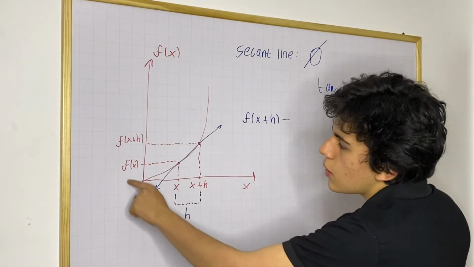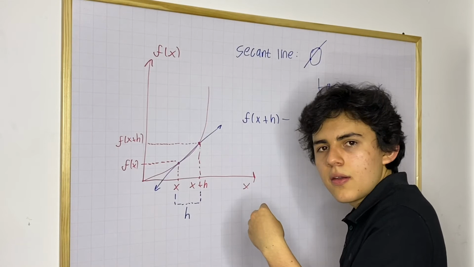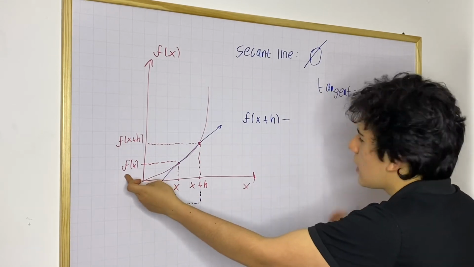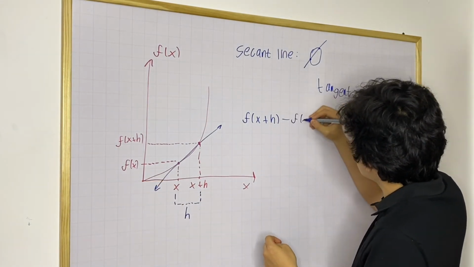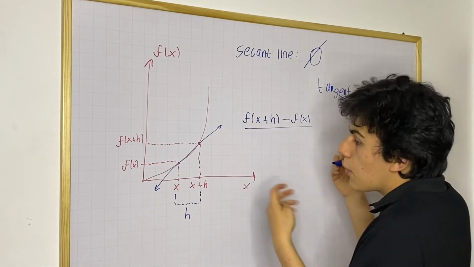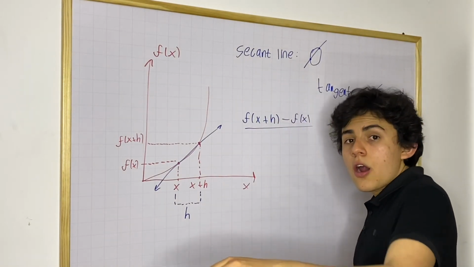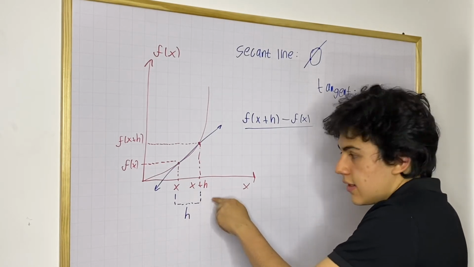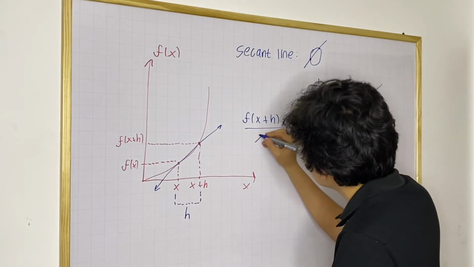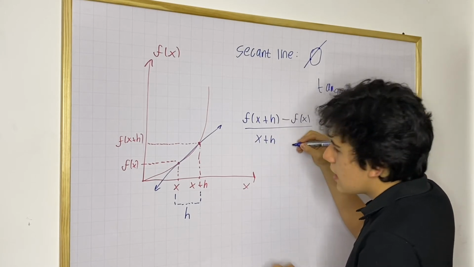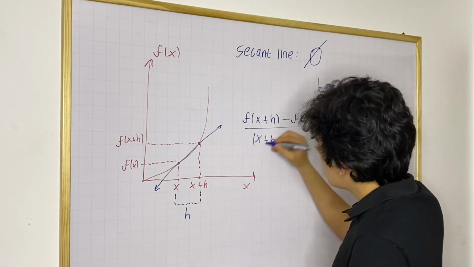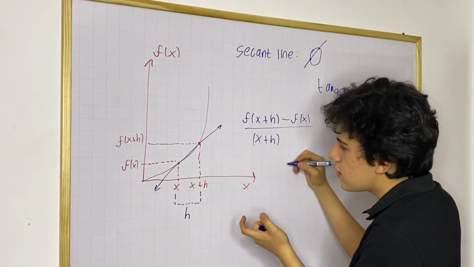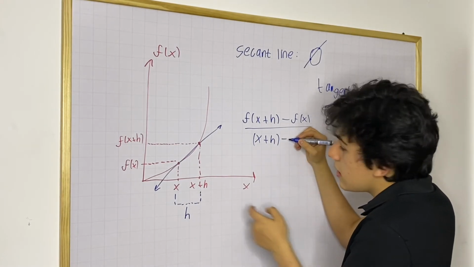How much is y1? Well, we know it would be the shortest y value that we have, which is f of x. And now we want to divide this by our run, okay? Which is going to be our greatest x value, which is x2, so x plus h minus, I'm going to place the parentheses so you see it, but it doesn't really matter, minus h.